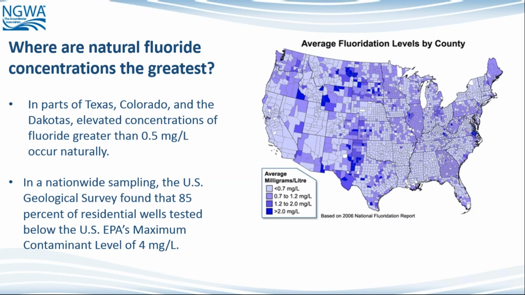So as you can see on the map, the very light blue areas are actually less than 0.7 milligrams per liter, up to the very dark blue areas, which are greater than 2 milligrams per liter. So really looking at the United States, we only have some isolated areas where we would have potential groundwater that might be a problematic area and certainly should be evaluated.